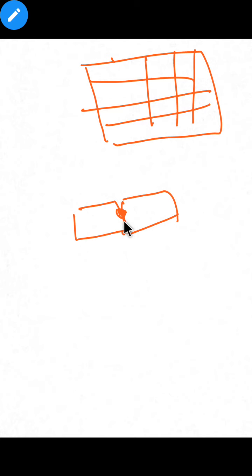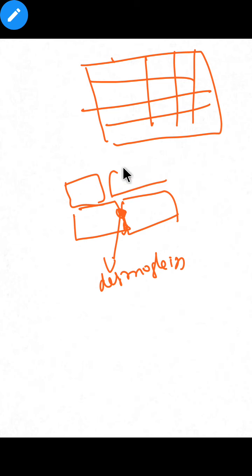Sometimes there will be unseparated acanthocytes. Sometimes epidermal cells will not be separated. They still have this desmoglein, right? So there is formation of antibodies against this. Antibodies will come and bind here, all this, right?